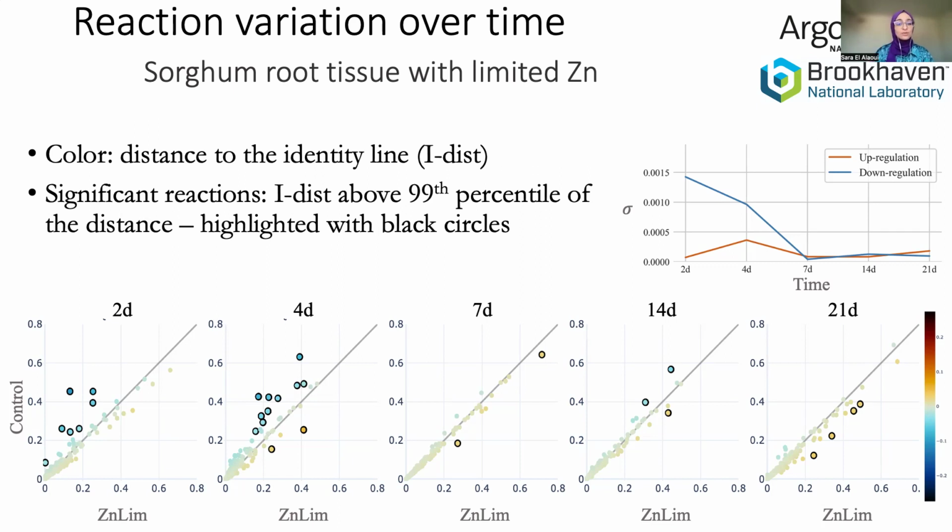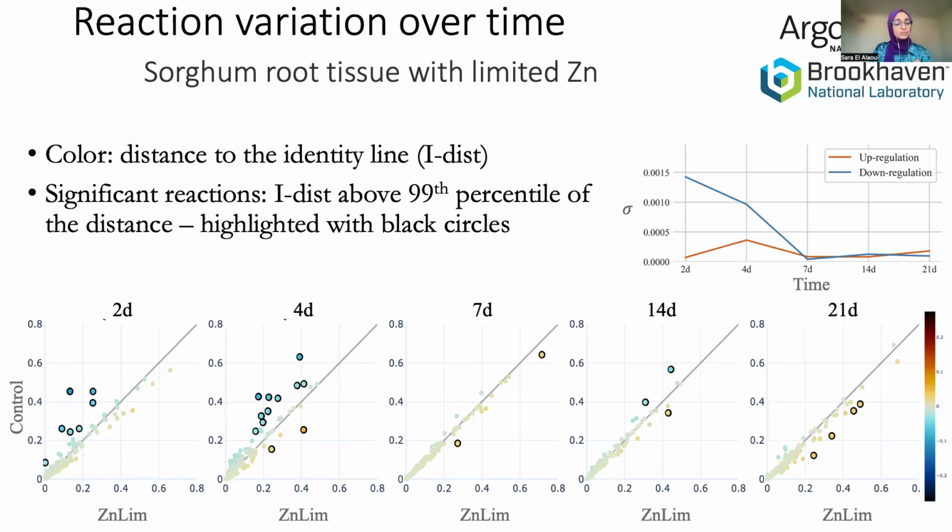Anything to the right is upregulated under limited zinc. The line plot shows that on day 2 and 4, we had a lot more downregulated reactions. But then on day 7, we start getting to some kind of steady state where it's similar thereafter.